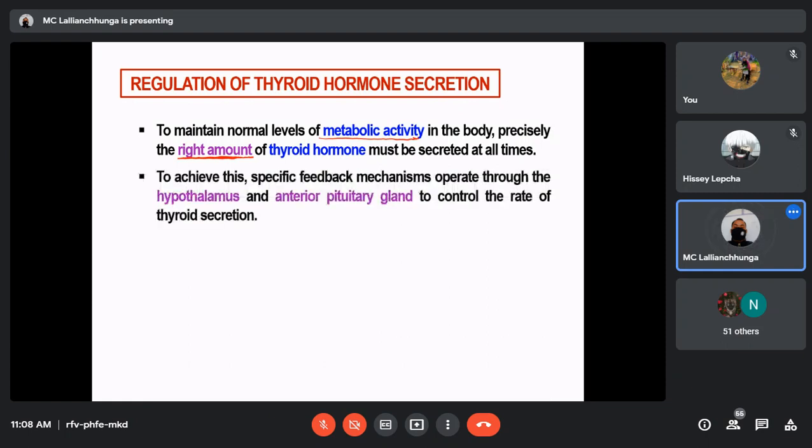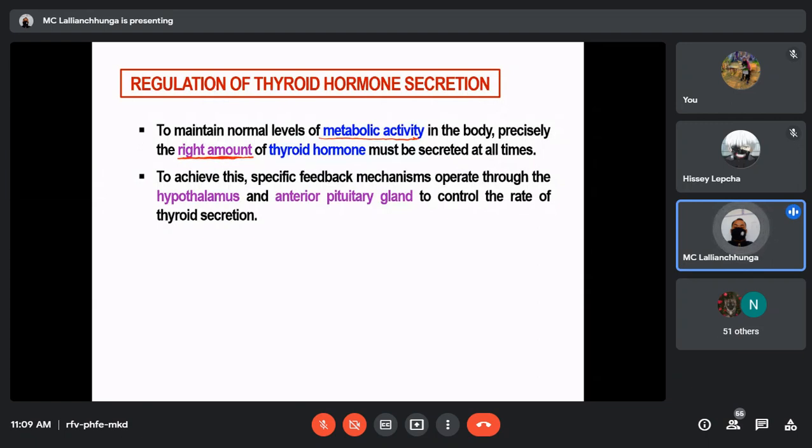You already know this. To achieve this, specific feedback mechanisms operate through the hypothalamus and anterior pituitary gland to control the rate of thyroid secretion. From the hypothalamus, TRH is released, which stimulates the release of TSH from the anterior pituitary gland.